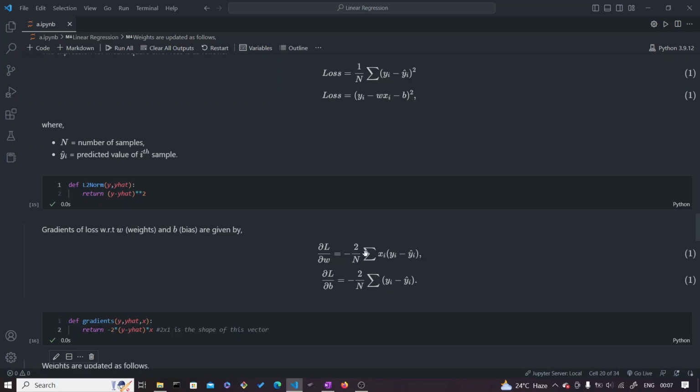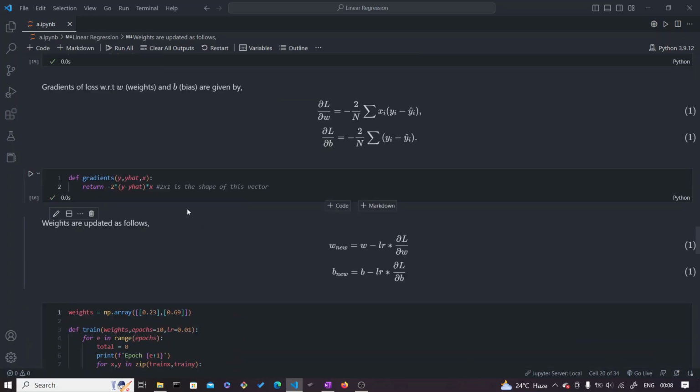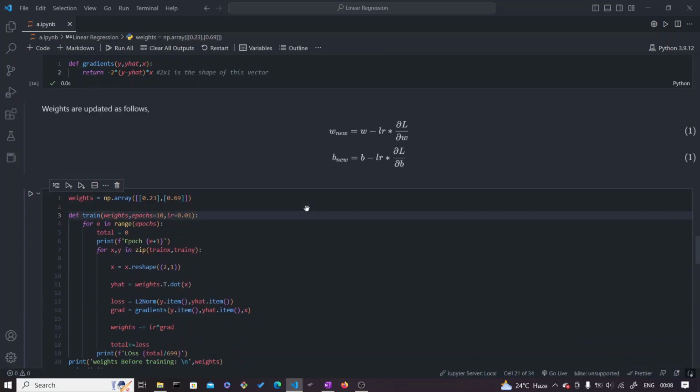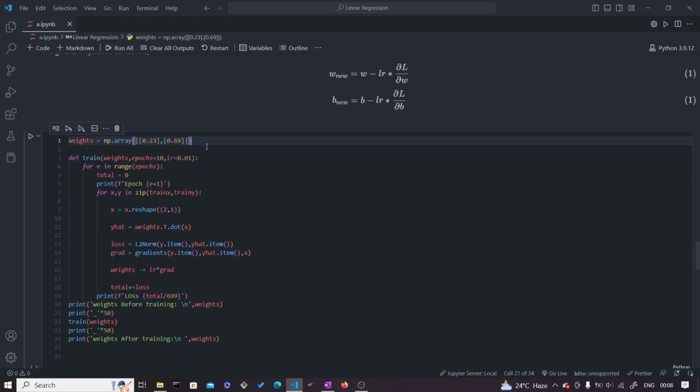So 2 comes out, and you differentiate the inner expression. Now I have initialized the weight vector, and then this is the training process.